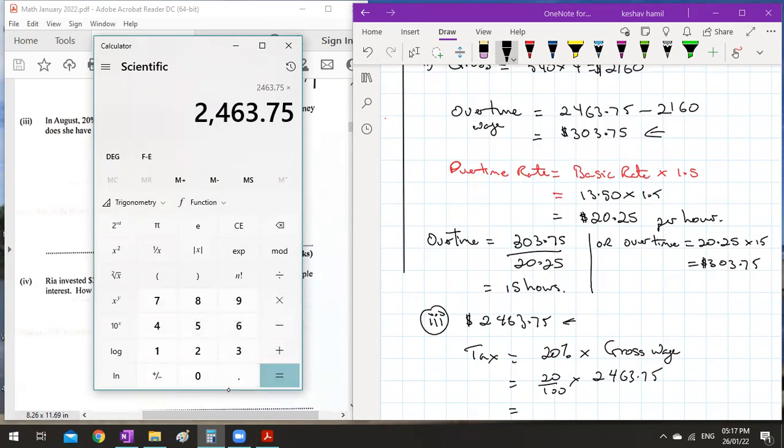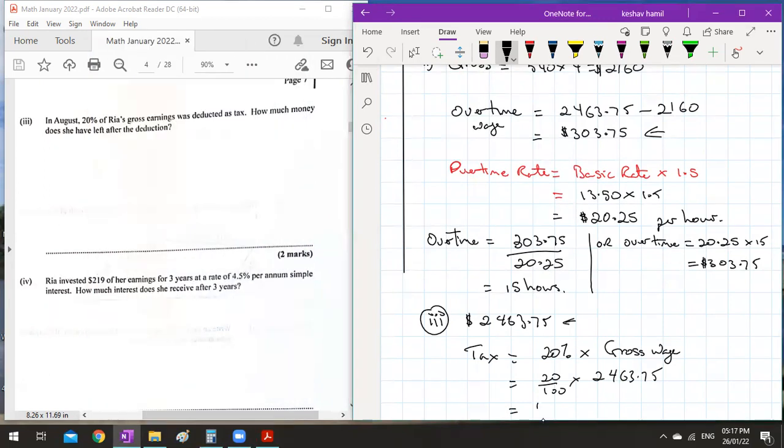Right, 20%, again, divide by 100. $492.75. That's how much money she paid in taxes.